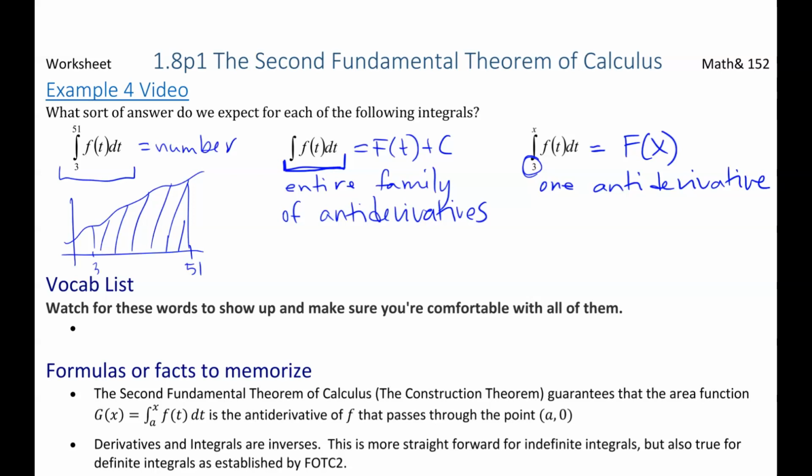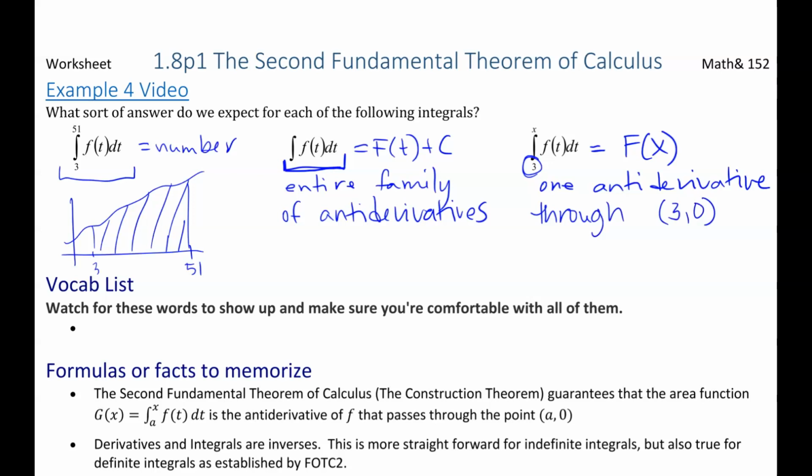So that fixes a single point on the graph. But weirdly, a lot of times people think of that plus c as being connected to their y value. I guess it's really connected to all y values. But that 3 tells us about an x-intercept. So this is one antiderivative, and it happens to be the one that goes through the point 3, 0.